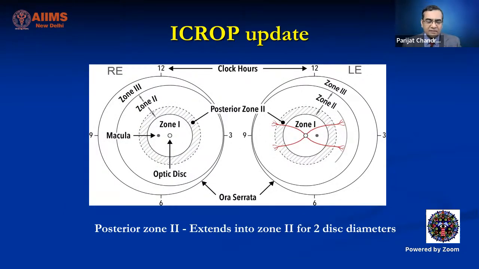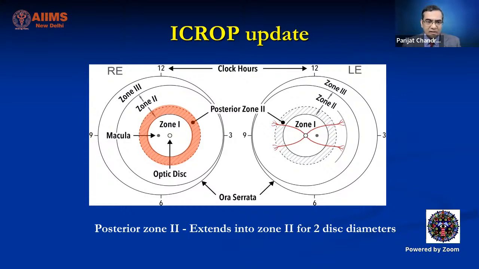The new classification, ICROP 3, introduced another zone which is known as zone 2 posterior. Why was it introduced? It was introduced because the disease in zone 2 posterior behaved more like zone 1.